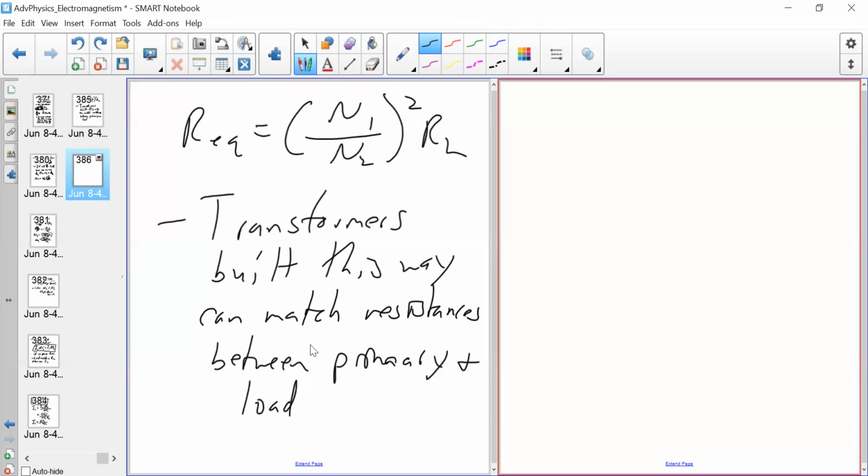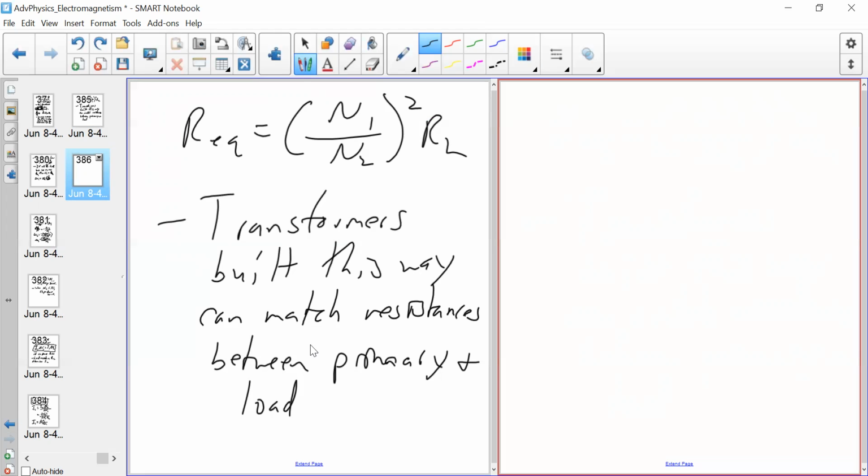And so whatever you do on one side, based on this equation, based on this relationship, you can match the resistance on the second side. So this causes you to have maximum output. So there's an example where you have a transformer connected to a 1 kilo ohm amplifier and an 8 ohm speaker.